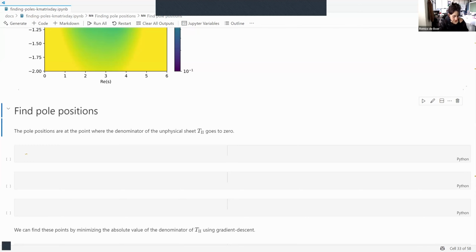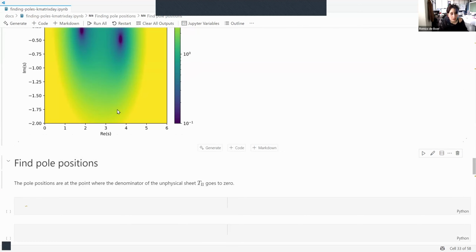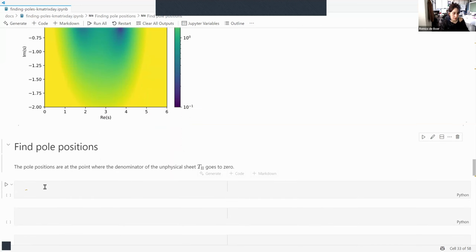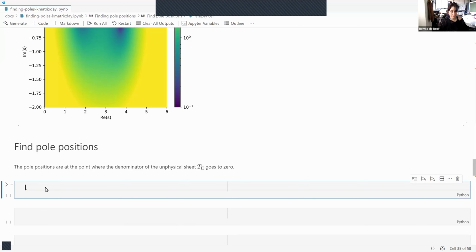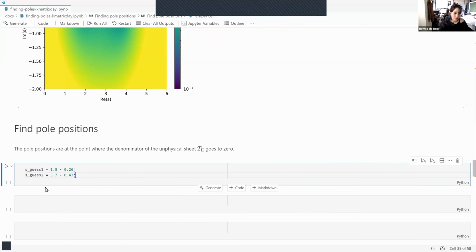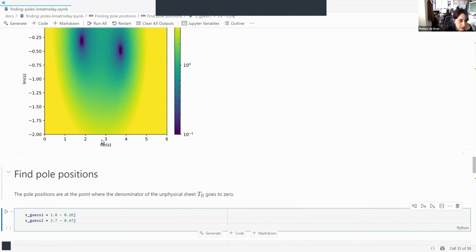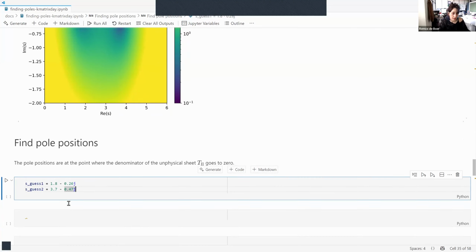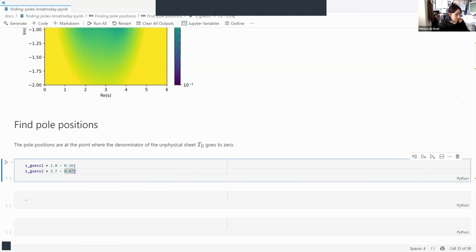And for my initial guesses, I'm just looking at this plot where roughly these zeros are located. It doesn't have to be that precise, but a good initial guess is always better. I prepared these, so by eye measure, I see these numbers here. And then I can define my fit function.